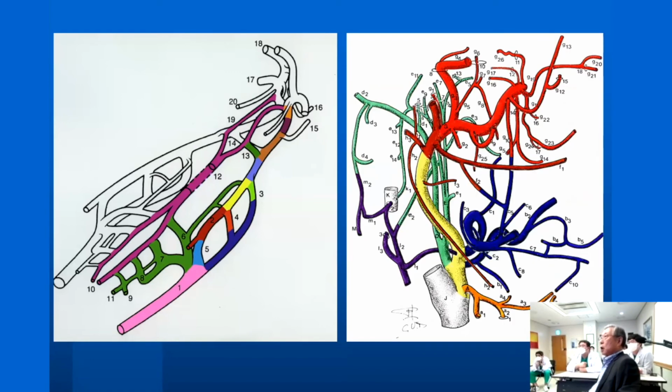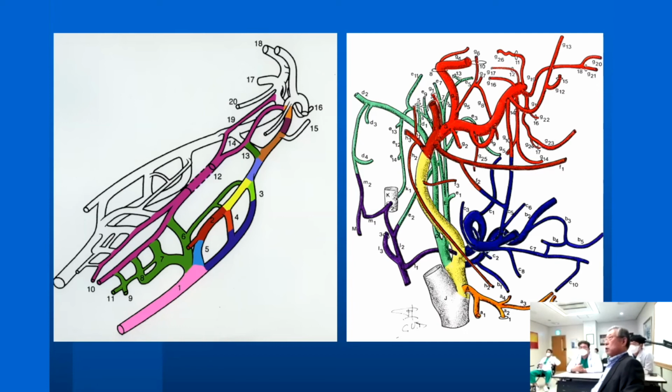This is the drawing Pierre made in 1982. When I was a fellow at NYU, Pierre was visiting and he immediately came in and put a big drawer out and drew this. Everything about the external carotid artery is here. If you understand this diagram, you understand the whole external carotid artery system.